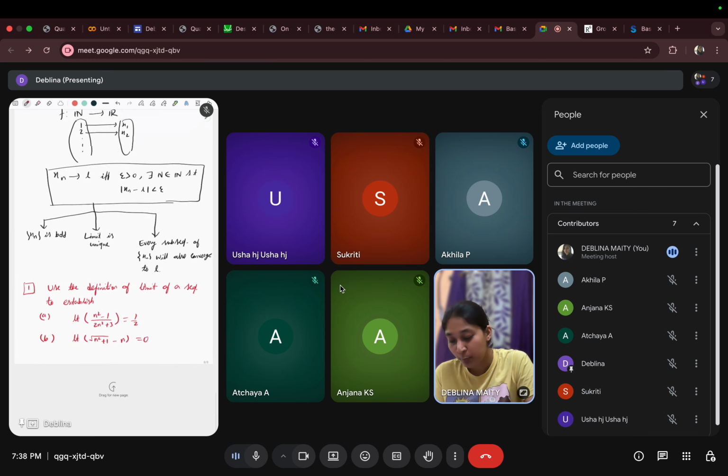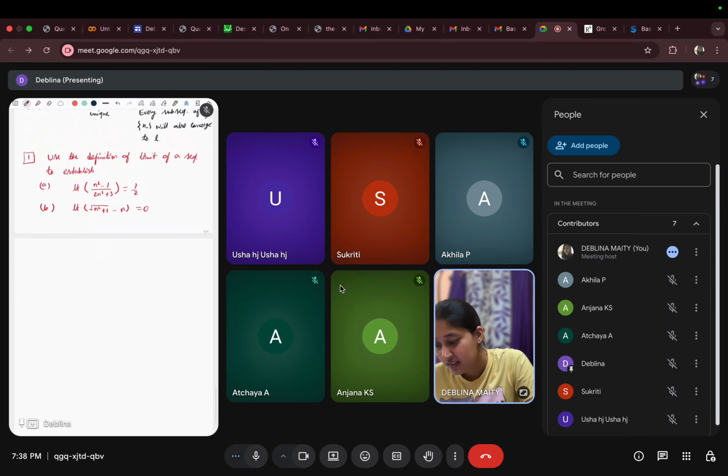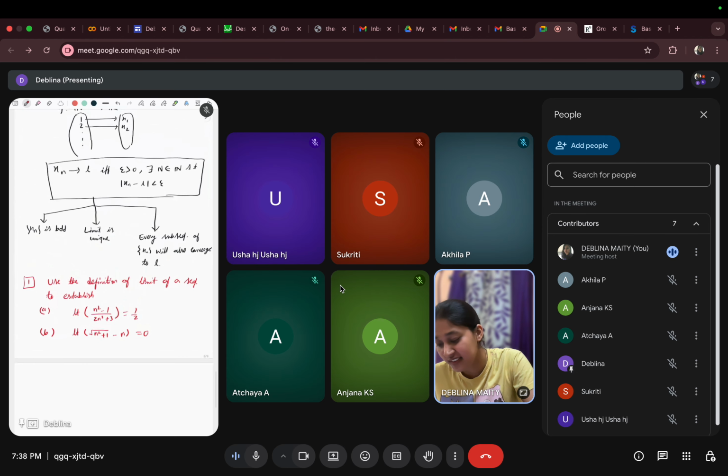So we have to prove this by the usual definition, that is the epsilon definition.